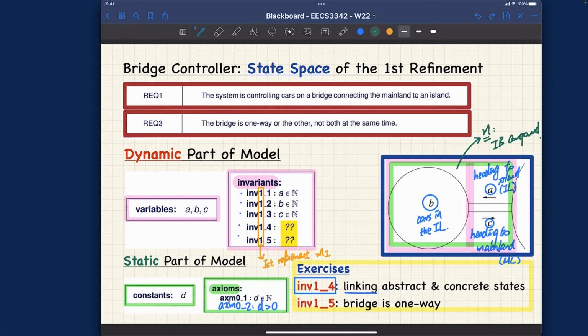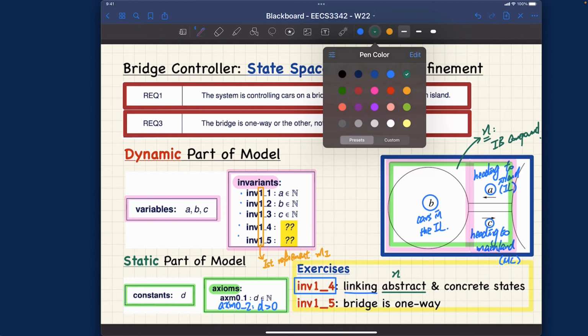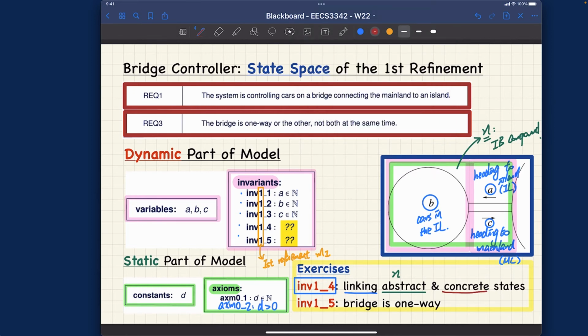For the abstract states, we know that we got only just n, the variable. And for the concrete states, we got A, B, and C. How can we draw the relationship between this variable here and A, B, and C? My hint to you will be, look at this diagram over here. I think this diagram, together with this invariant, should really tell you exactly how we should think about the 2 models being consistent with each other.